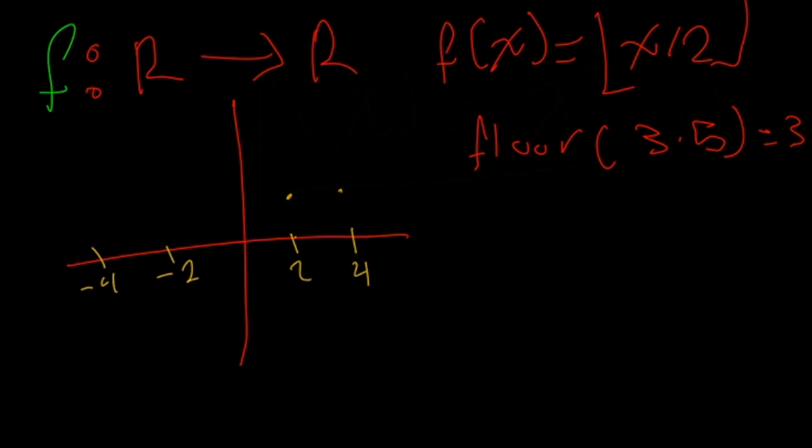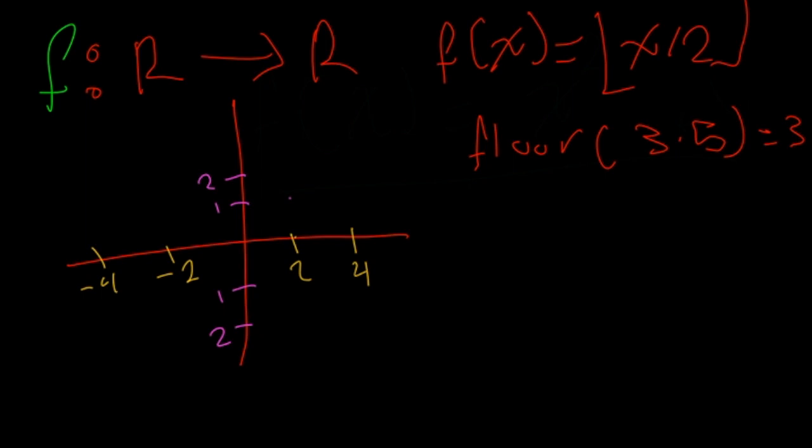So the function will go from here to here. Let me choose another color, so this is going from 1 and 2.